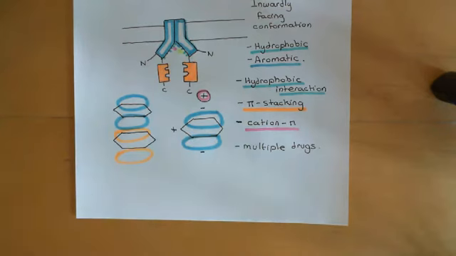So there's the idea that the binding site, because it's so unspecific, it's just loads of these interactions that can form between a very broad range of molecules, that multiple molecules can bind in there at the same time because it's a large binding site. And then both of these molecules could be transported at the same time.